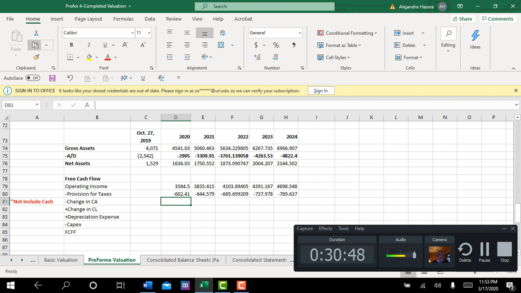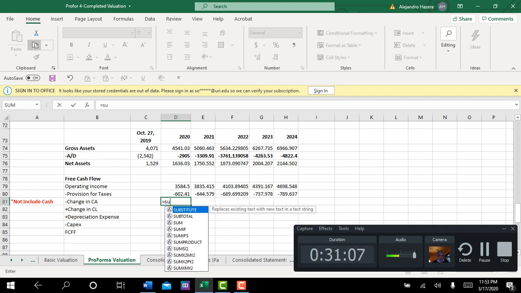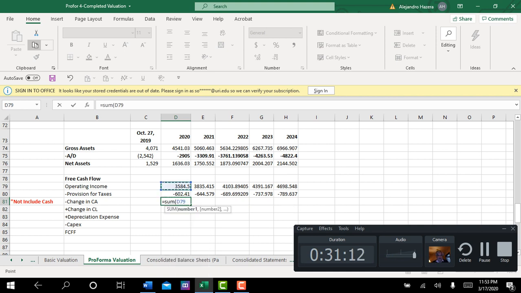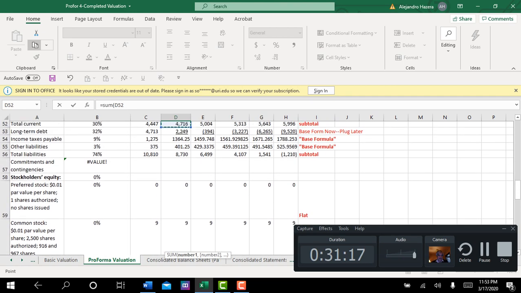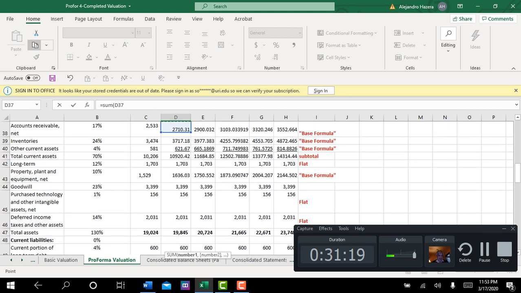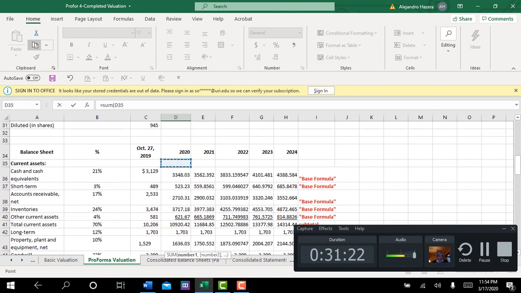This is going to be the opposite effect. So for our change in current assets, we're actually going to take the 2019 numbers and subtract the 2020 numbers, and that will give us the negative. That'll give us the opposite effect. Here's what we're going to do. We're going to take the sum of all our current assets except cash for 2019.